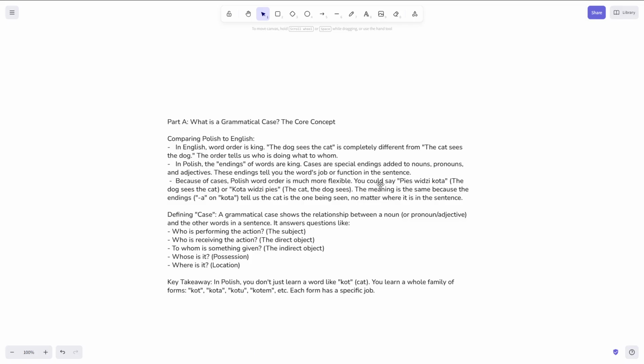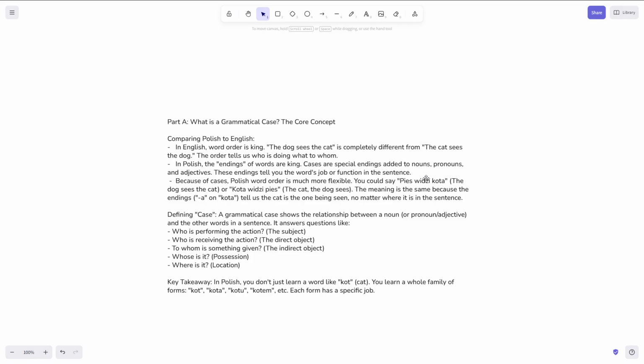Okay? So for example, you could say, pies widzi kota. Basically, it is the same example as before. The dog sees the cat, right? Pies is dog, widzi is conjugated see, and cat is kot.